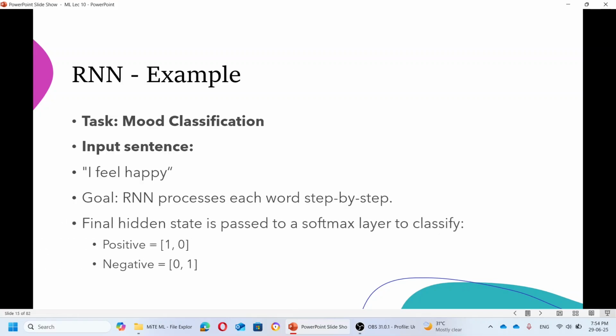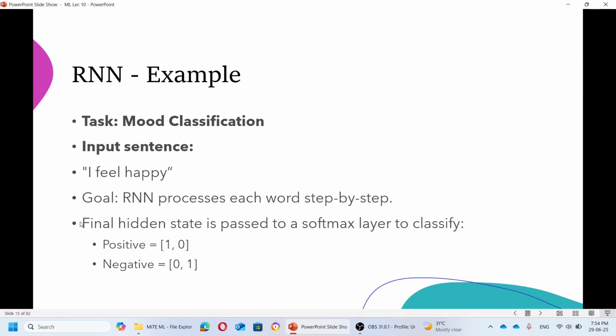Now we are going to consider a simple example of classification, mood classification. Suppose the input is I feel happy. The goal is that the RNN processes each word step by step. We have to classify whether the mood is positive or negative. The final hidden state is passed to a softmax layer to classify positive and negative.